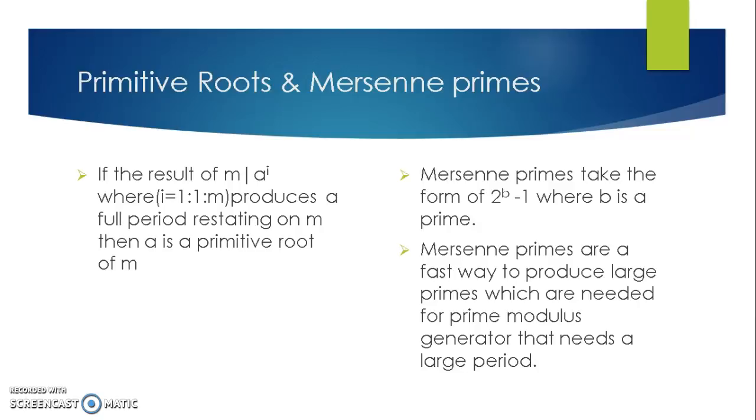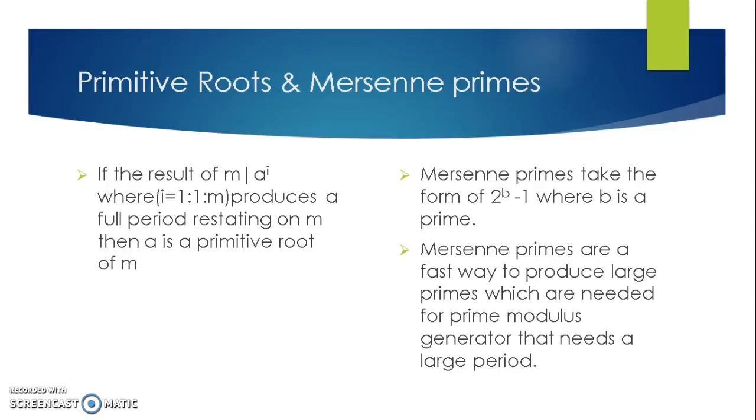is. So whenever you have a multiplicative linear congruential generator, you want a to be a primitive root of m. So to find the primitive roots of m, we just check if the result of m divided by a to the i, where i is equal to 1 to m, produces a full period restarting on m, then a is a primitive root of m.